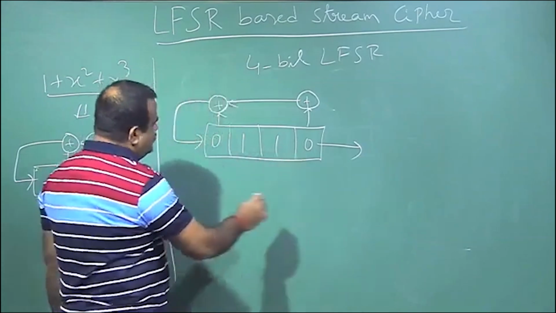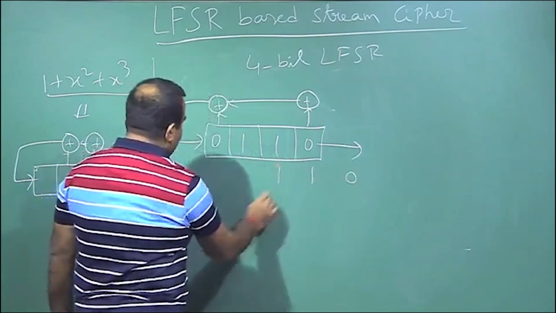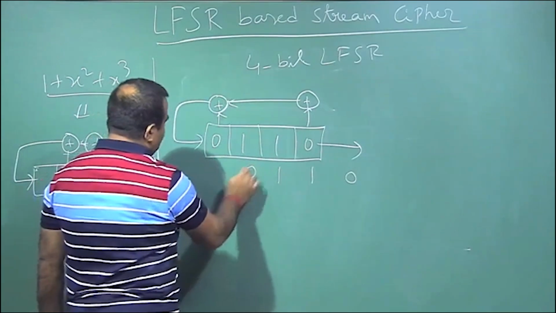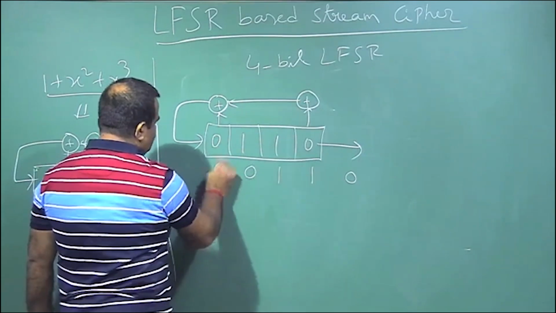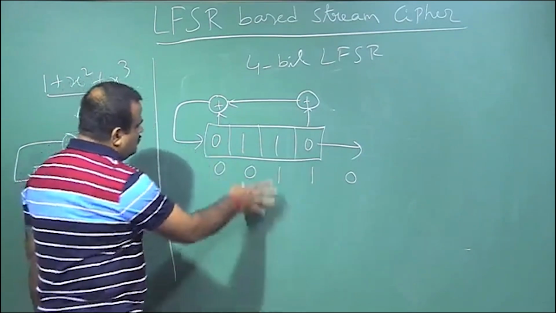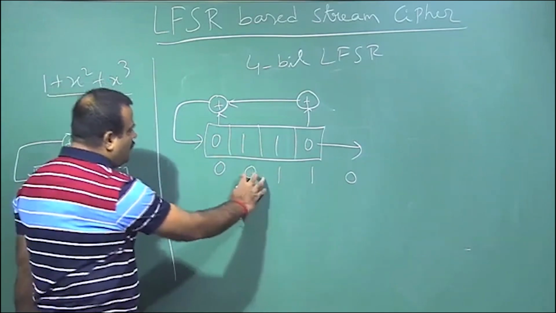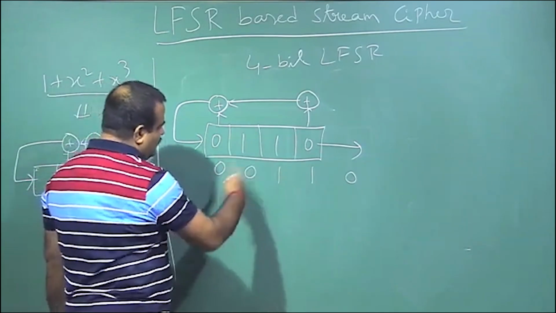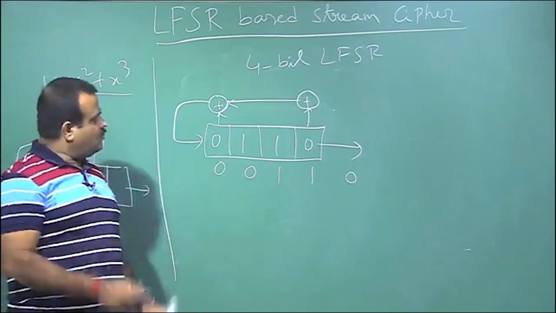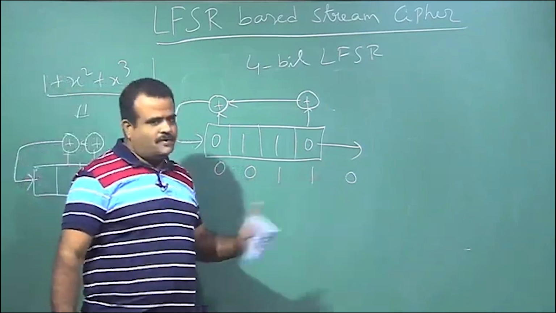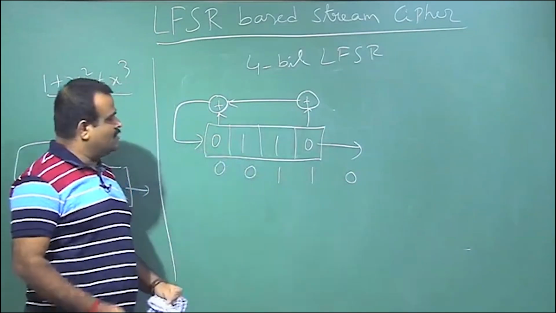In the first run, this 0 will come here, this 1 will come here, this 1 will come here, this 0 will come here, and this bit will be replaced by the XOR of this and this, which is basically 0. Now this is the current state of the LFSR. We copy this value over here and again continue. Each clock we omit one bit, the last bit, and take the feedback to fill up this bit.